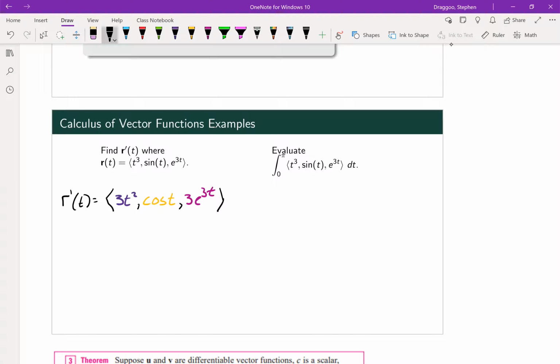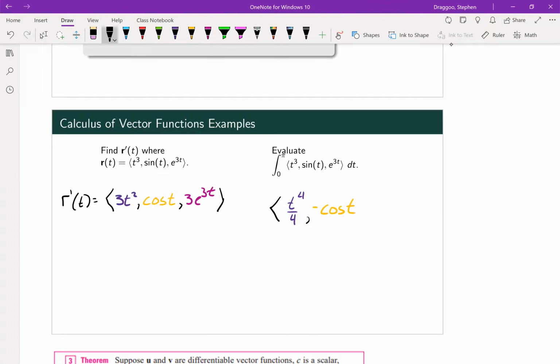And then if we want to evaluate the definite integral of our function r, then we just need to integrate each piece. So we're looking at t cubed, which should integrate to t to the 4th over 4. We'll look at the integral of sine, which this time should come out to negative cosine of t.